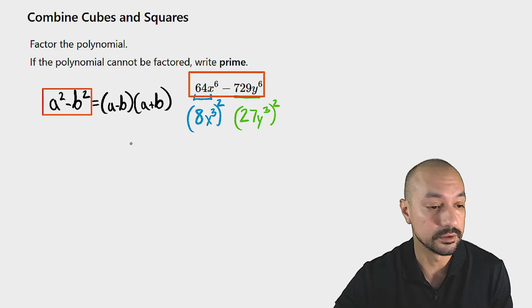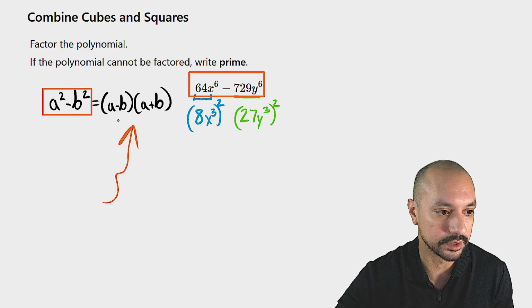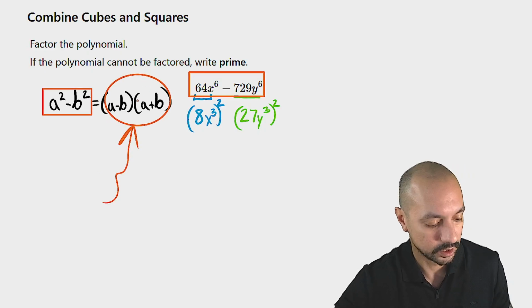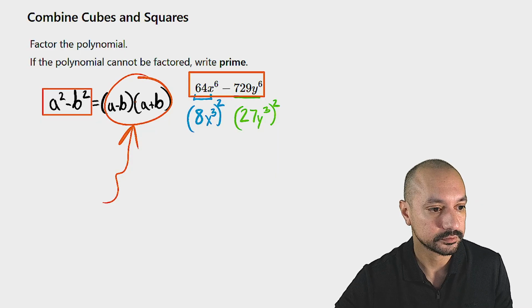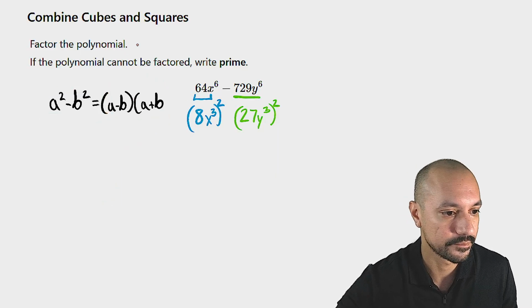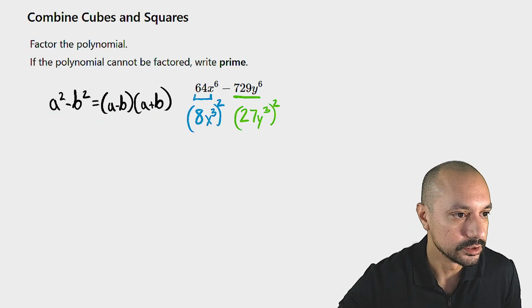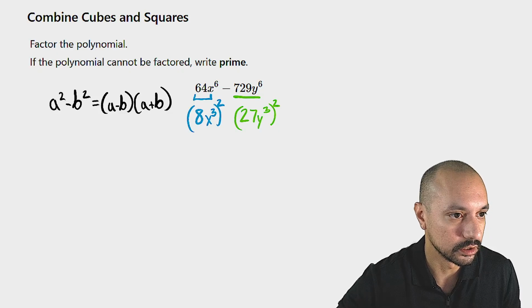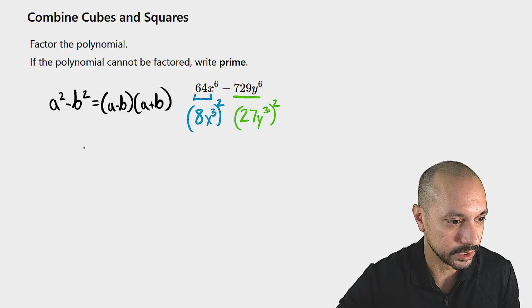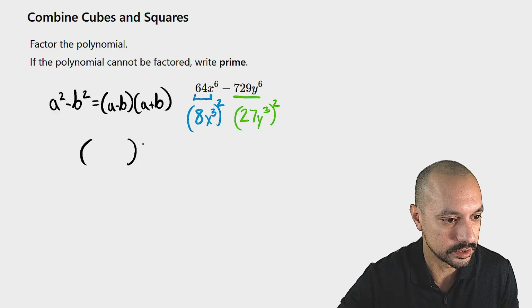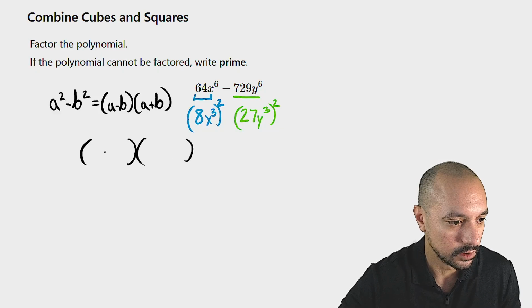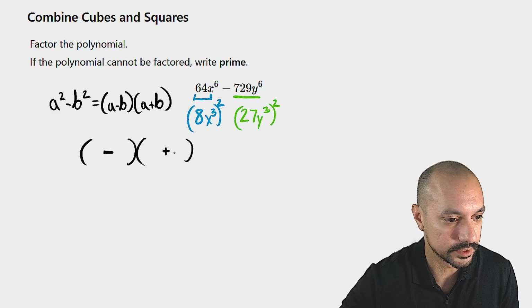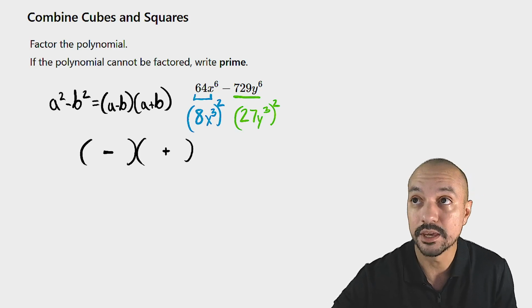And so I'm going to aim to set it up like this. So let's try it. Let me set up the space it's going to be filling. So parentheses times parentheses. One of them is subtraction, one of them is addition. And let me get to writing.